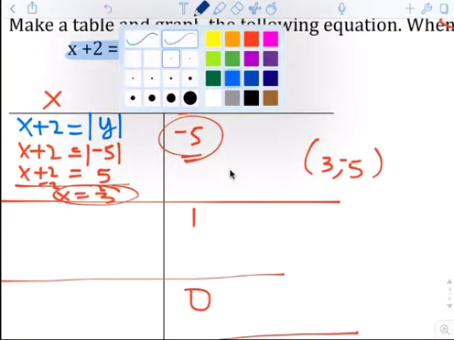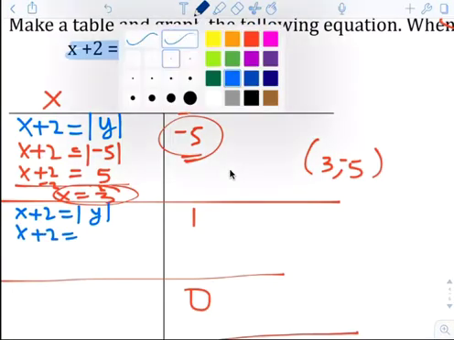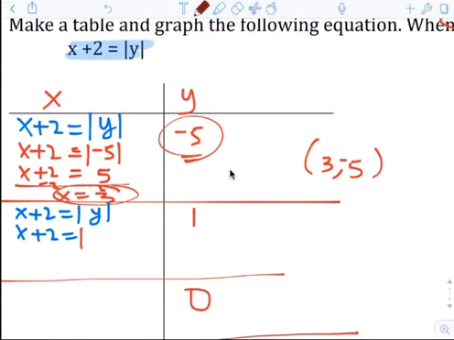Okay, next one. x plus 2 equals the absolute value of y. x plus 2 equals the absolute value of 1. The absolute value of 1 is 1, equals x plus 2. Minus 2, minus 2, x is equal to -1. So your ordered pair here is -1, 1.